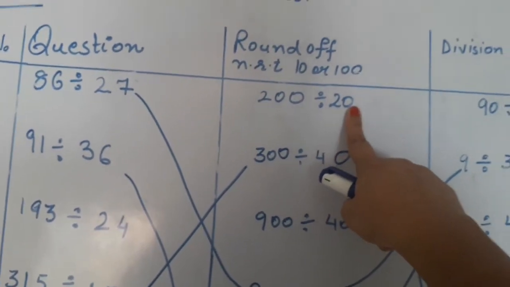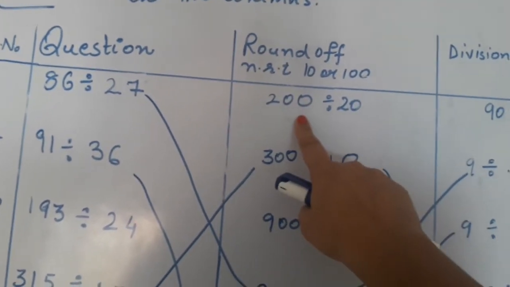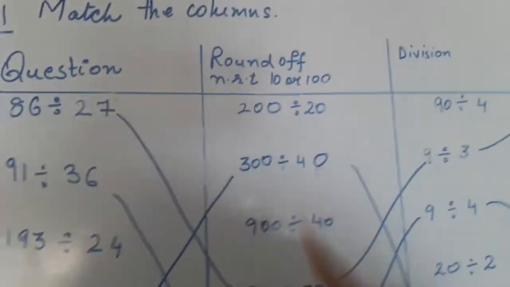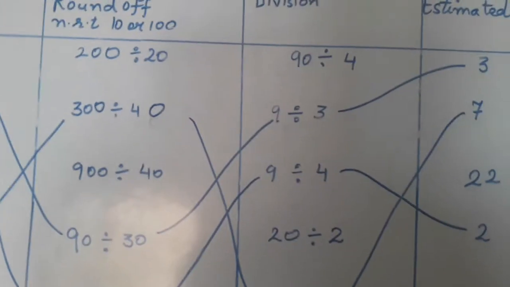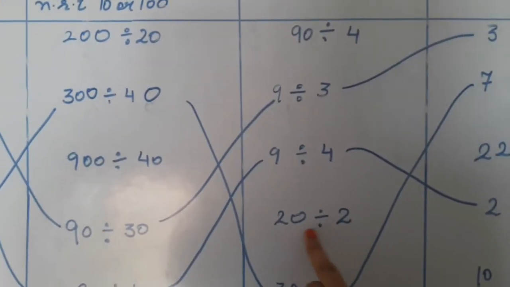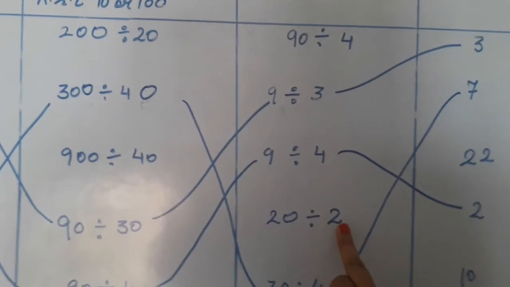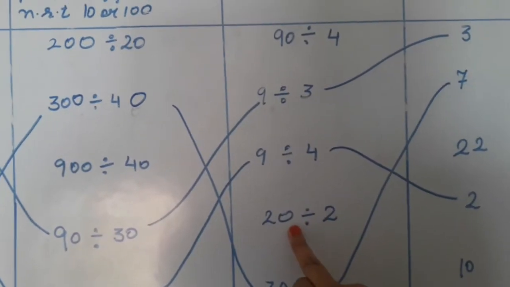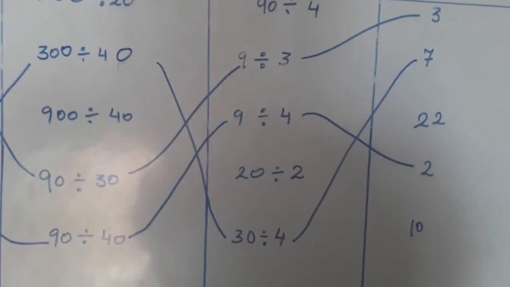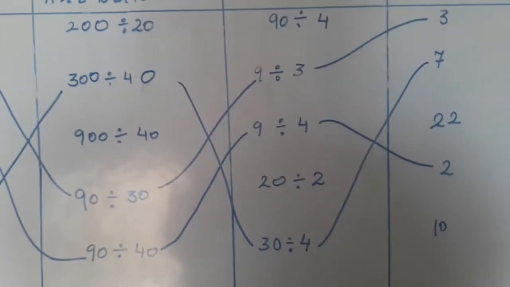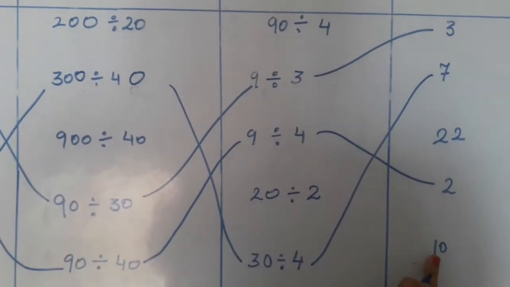Now this one 0 cuts with this 1 0. Okay. Now we will be left with 20 divided by 2. Now I'll count the table of 2 up to 20, and everybody knows 2 tens are 20, right? And it is here.